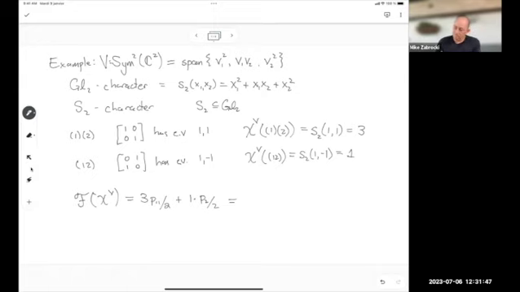And I get that this is equal to 2 s2 plus s11. And so what it says is that V is isomorphic to S2 direct sum S2 direct sum S11.